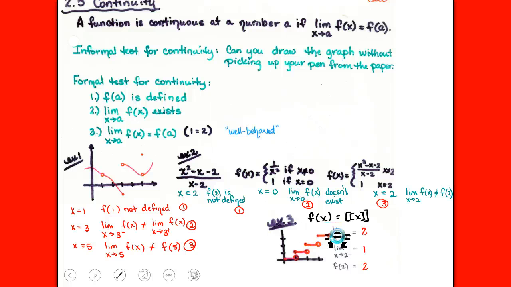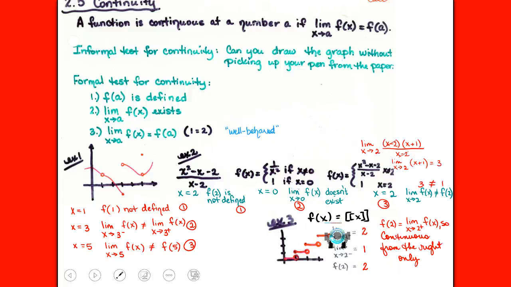So they told me on page 106 that that would be continuous from the right because the limit from the right is equal to f of a. If the limit from the left had been equal to f of a, we would have said it was continuous from the left. So it is possible for a function to be continuous from one side only.